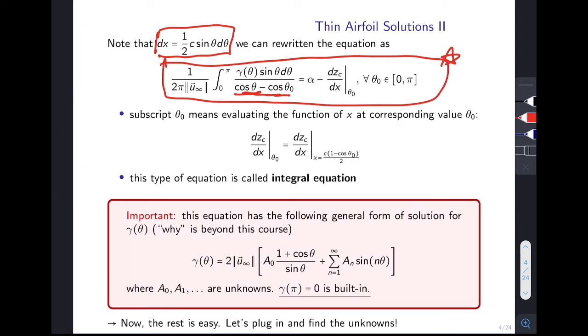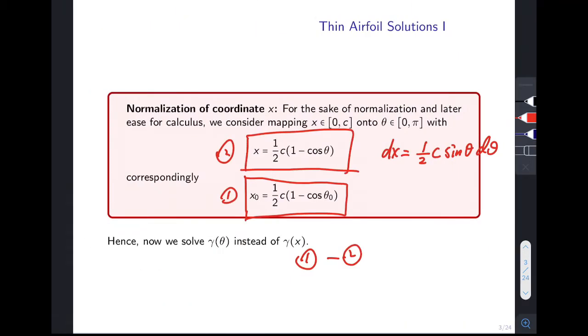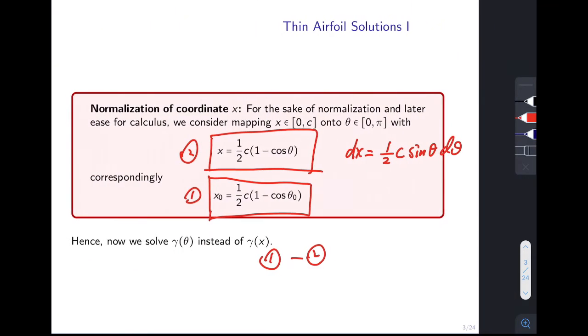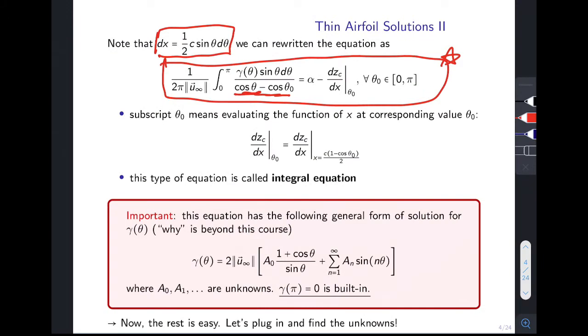So this equation is solving the gamma distribution, but in terms of theta. The theta is from 0 to pi. If you can solve for gamma theta, you can get gamma x by just using the change of variables. So it's very easy.